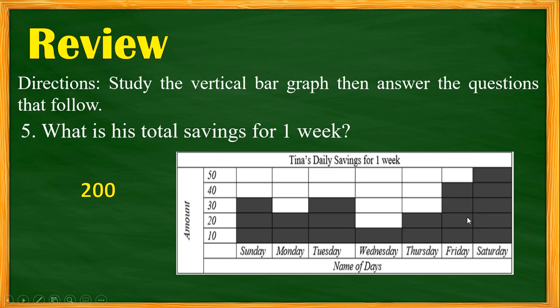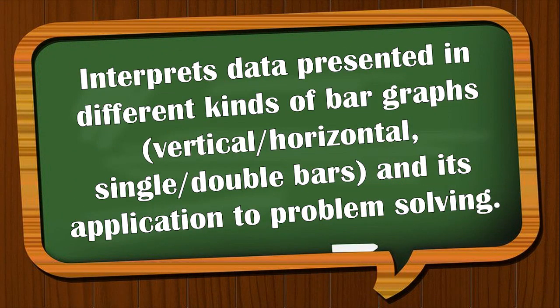So that would be our review lesson for today. Let's proceed to our main topic for this day. We're going to interpret the data presented in different kinds of bar graph, vertical or horizontal, single or double bar graph, and its application to problem solving.